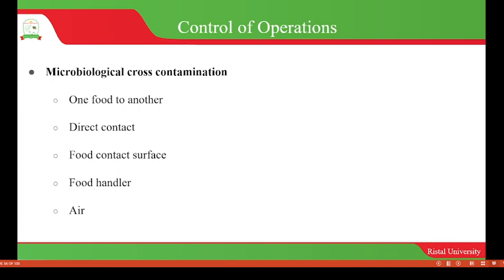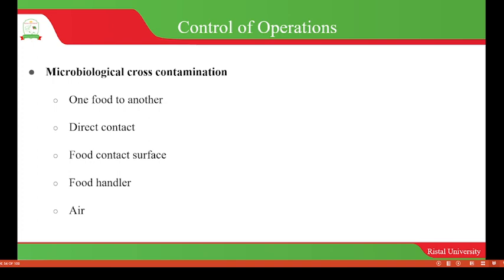That is to say, it can be from food to food. That's why we are always advised to make sure that we don't mix raw foods with the ready to eat foods. Then the microbial cross contamination can also occur as a result of direct contact.